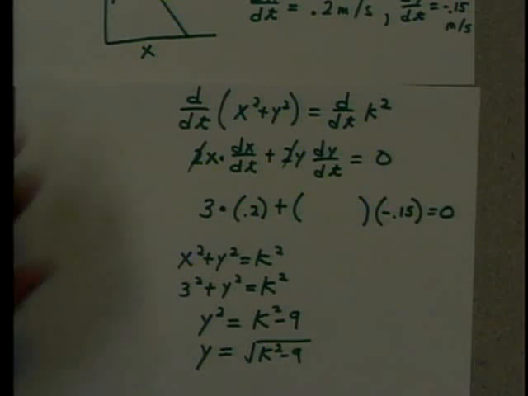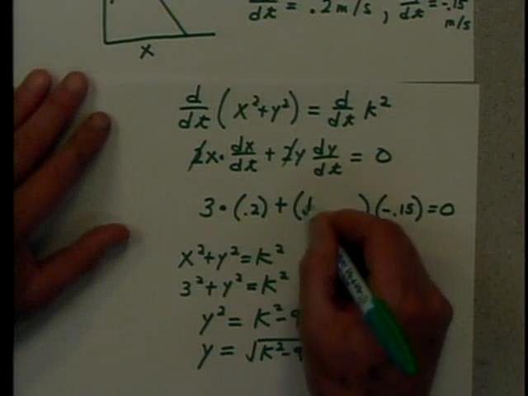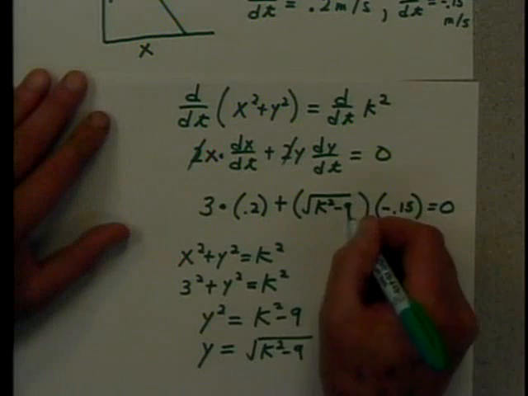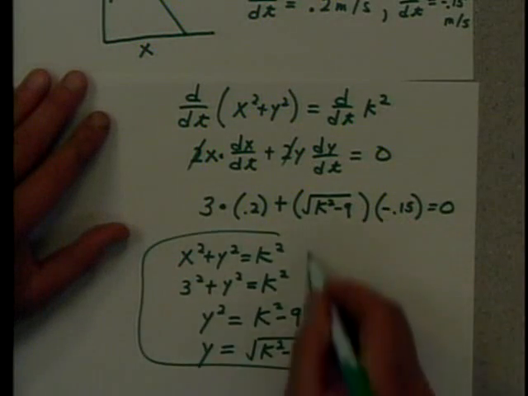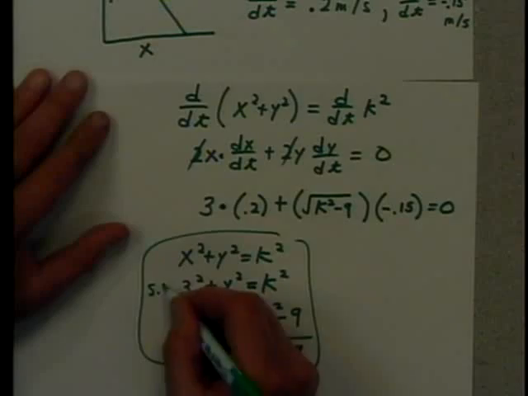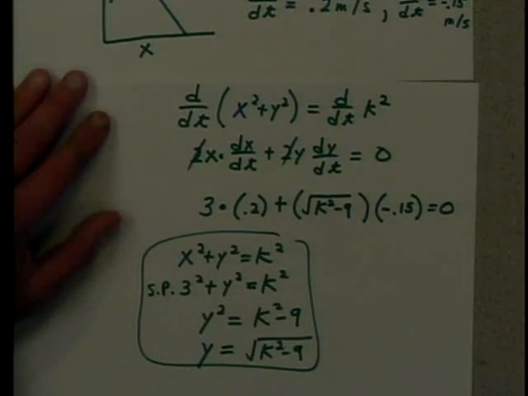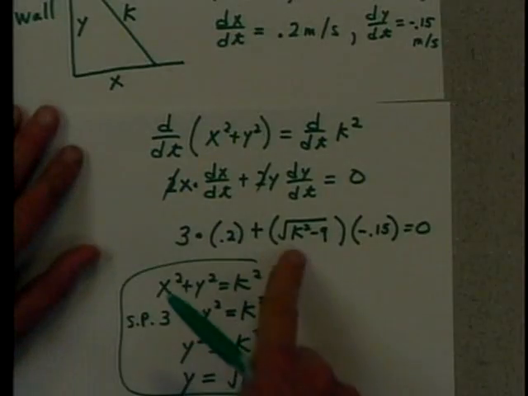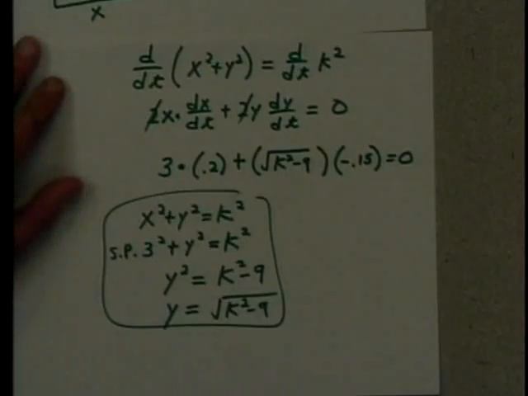Okay, anyway, right here I want the square root of k squared minus 9. This was scratch paper, so I could fill that in. Okay, what did I want to find? Oh, k. My equation has k in it now. All right.